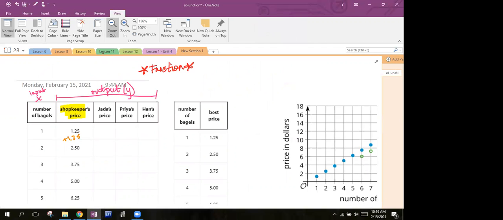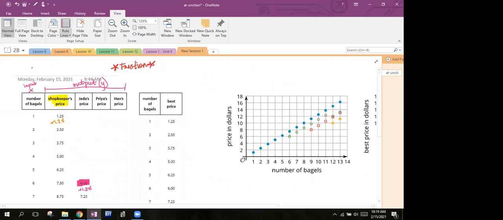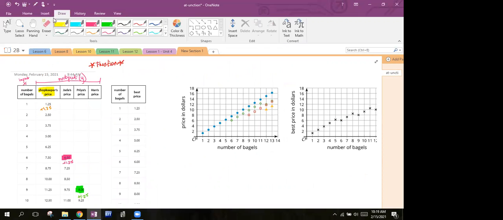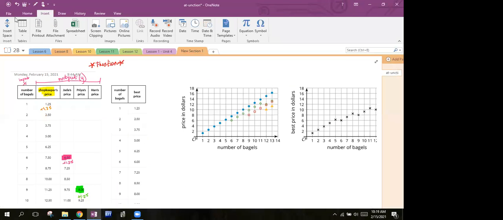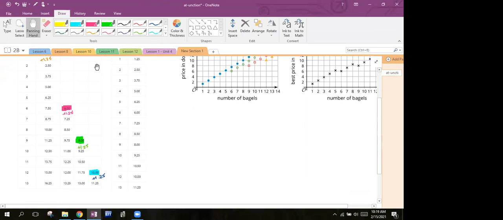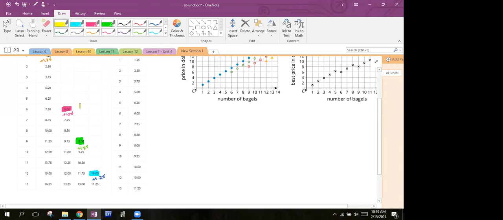So if we're looking at this one right here for all the different prices, is there only one output for every input? No, there's not. Starting at 6, we can see that there's 2 prices there. There's 2 prices for 7. There's 2 prices for 8. There's 3 prices for 9, 10, 11.